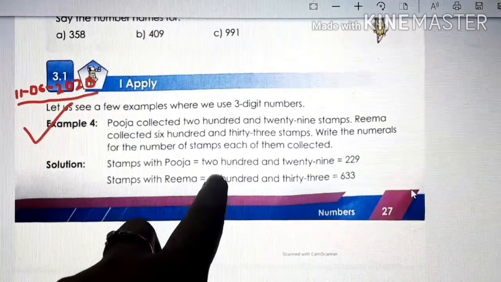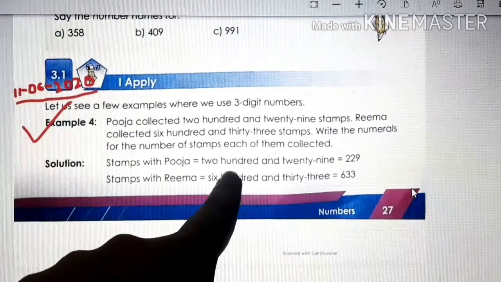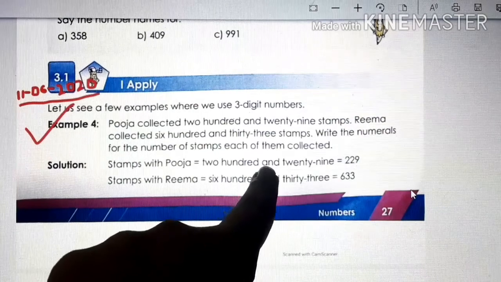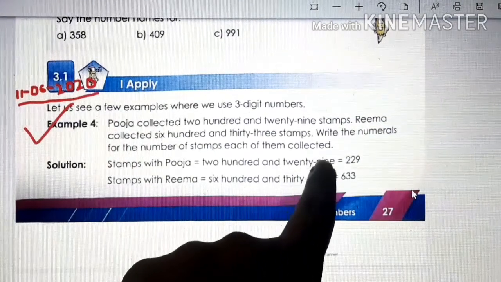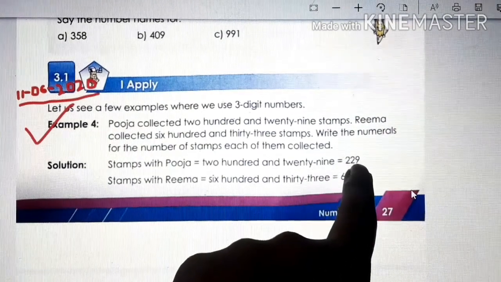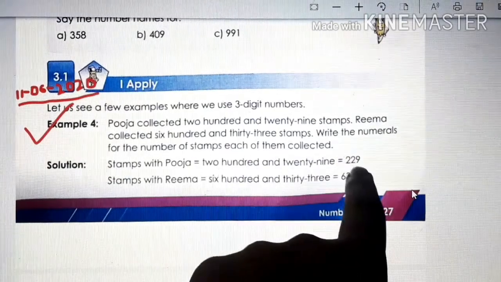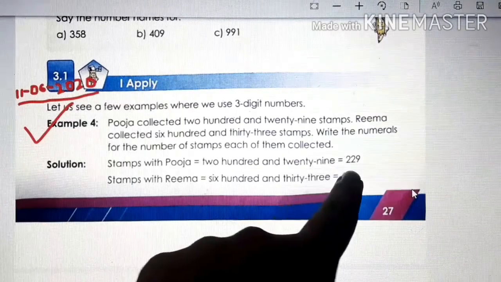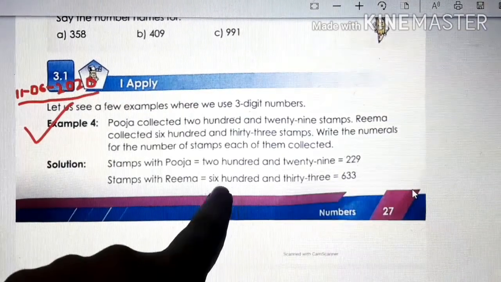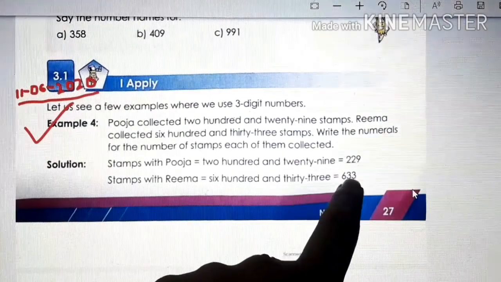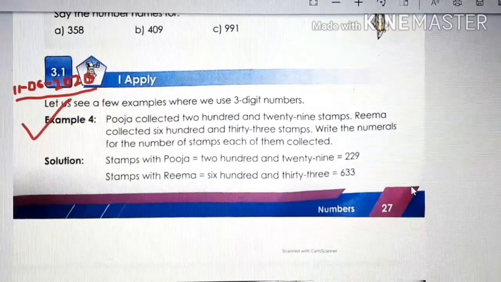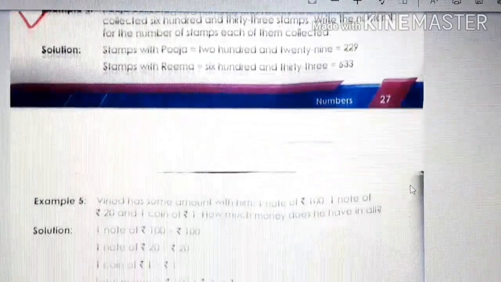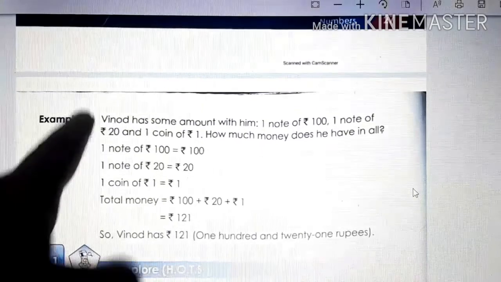Now you have to write the numbers. It is written in number names, right? So you have to write the numerals, that is the number which it forms. Clear? So 229, how is it written? 229. 633, how is it written? 633. Clear?